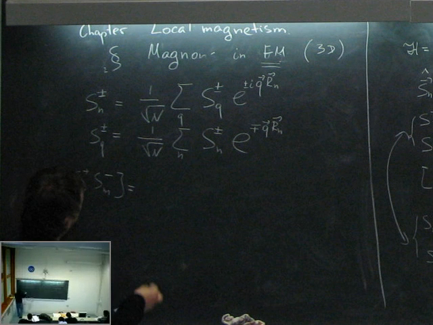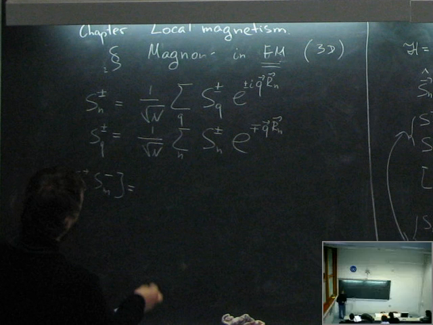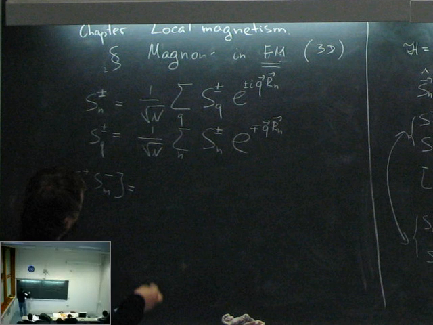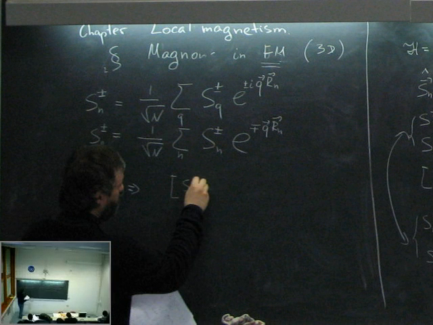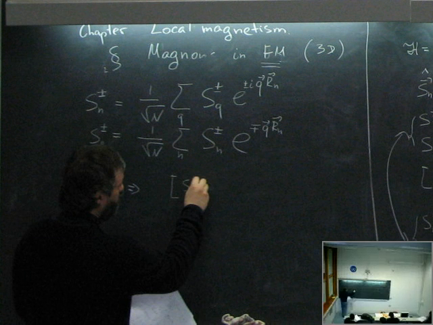However, instead of calculating this commutator, I would like to calculate the commutator of Fourier transforms. So the question is, what is the commutator S_q1 plus, S_q2 minus?